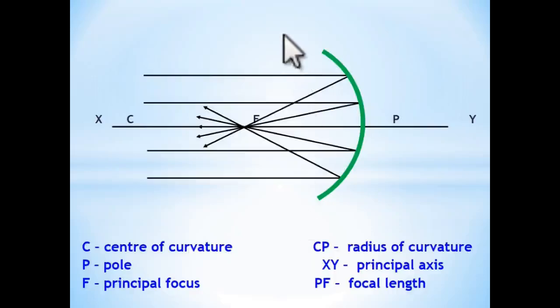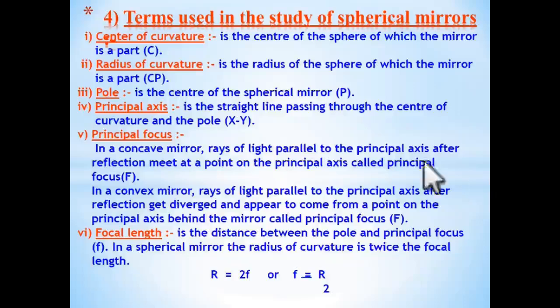We should know a few terms related to the concave mirror. The first one is the center of curvature. It is the center of the sphere of which the mirror is a part.